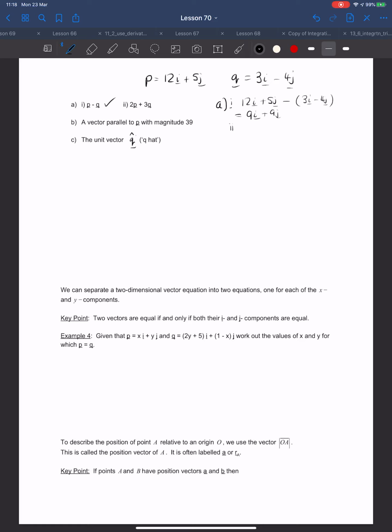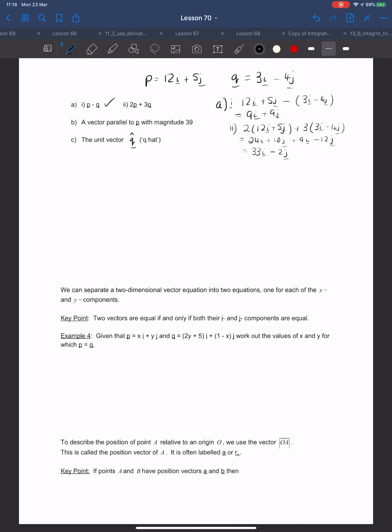Okay, and then number 2, 2P plus 3Q, this is 2 lots of 12i plus 5j plus 3 lots of 3i minus 4j, so it's 24i plus 10j plus 9i minus 12j, so that's 33i minus 2j.